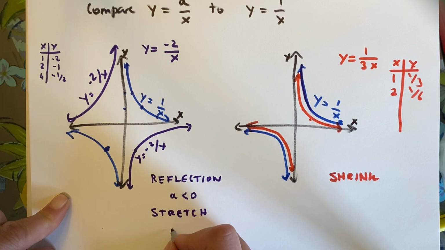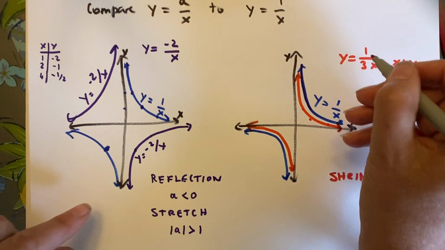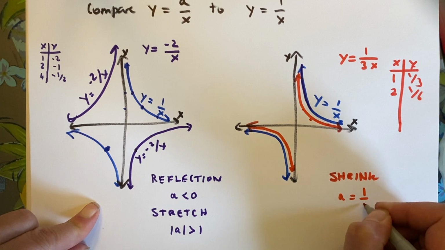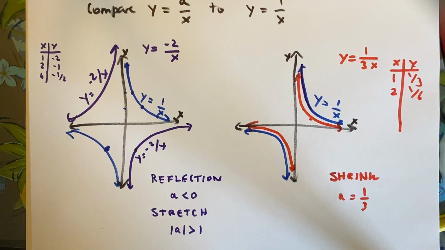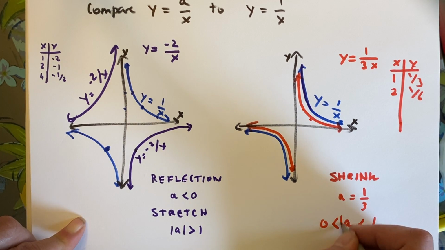So it is a stretch because the absolute value of A is greater than 1. And I should have stated this is a shrink because A equals 1/3. And so the absolute value of A is greater than 0 but less than 1.